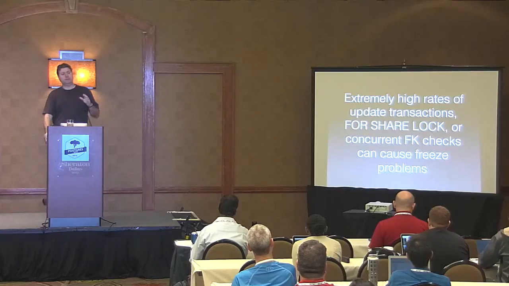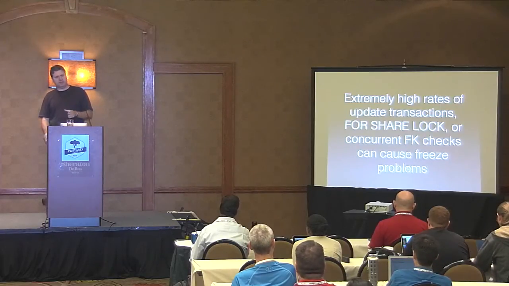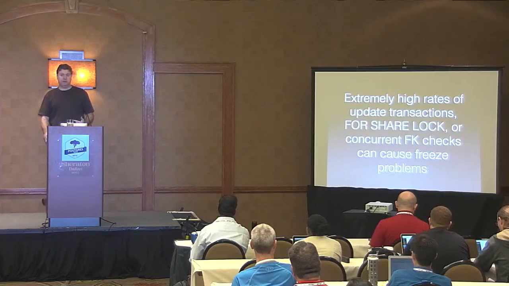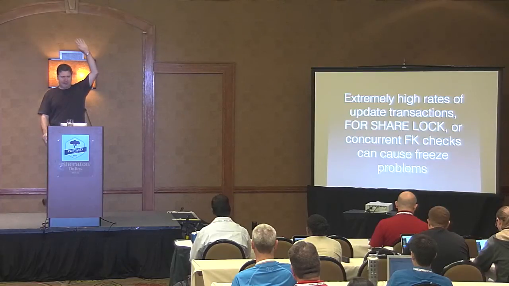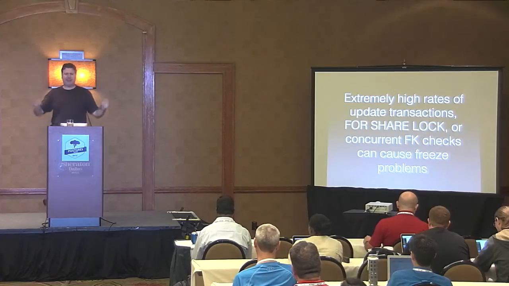Not only that, but if you start burning through multixact IDs, which normally is done with concurrent foreign key checks, that can also cause you a problem. And this is something else that I think, how many people know about transaction wraparound? If you haven't experienced it, yeah, so almost at least half the room.